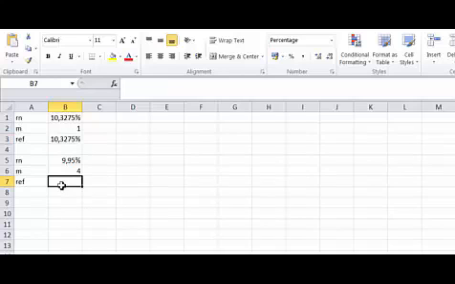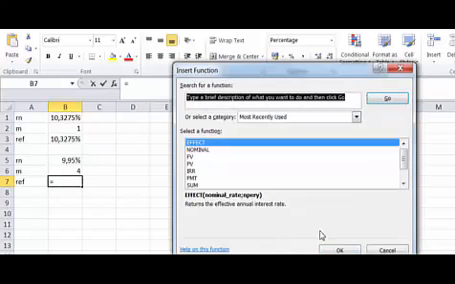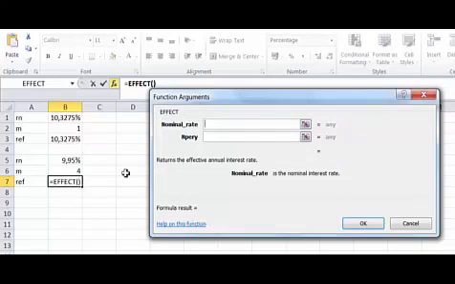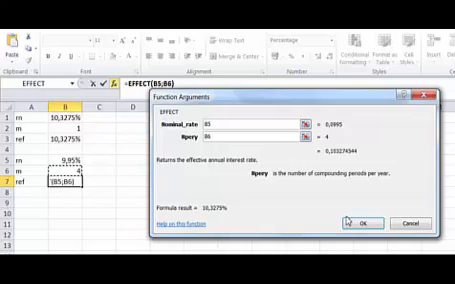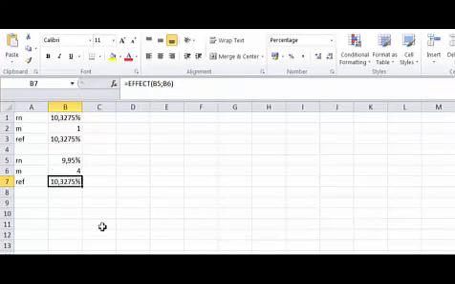In the second case, we are also using the same formula. However, this time our nominal rate is 9.95%, while number of capitalizations equals 4. So our effective interest rate is 10.3275%, exactly the same as in the first case.